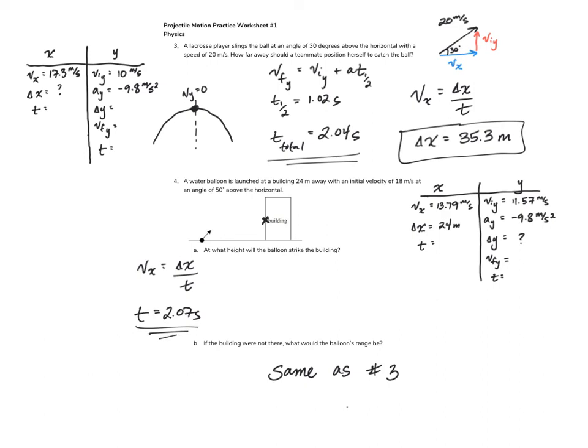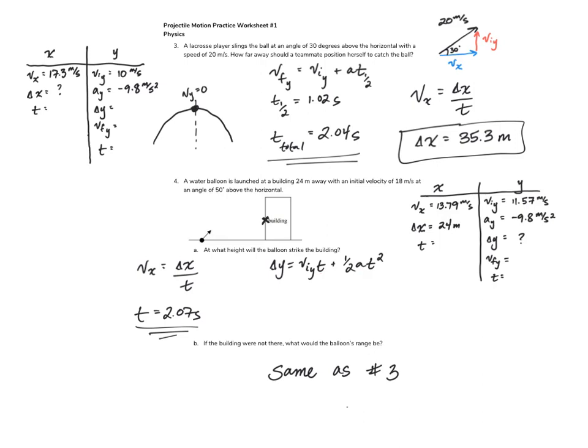Now we can work in the y direction because we now know 1, 2, 3 pieces of information. Okay, so what we can do is we can use this guy right here. Okay, we know everything. We know V initial in the y. We know time. We know acceleration.